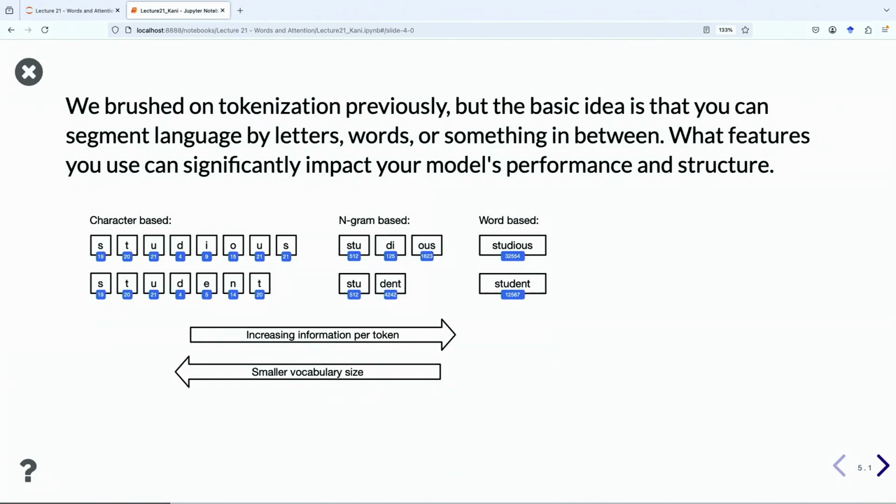So an n-gram is simply a sequence of some tuple of characters, 3 characters, 4 characters, and then you would basically break the words up into those groups of characters. So if, for instance, you see this group "dent" appear a lot, then it's useful to have a token that represents that group, right?